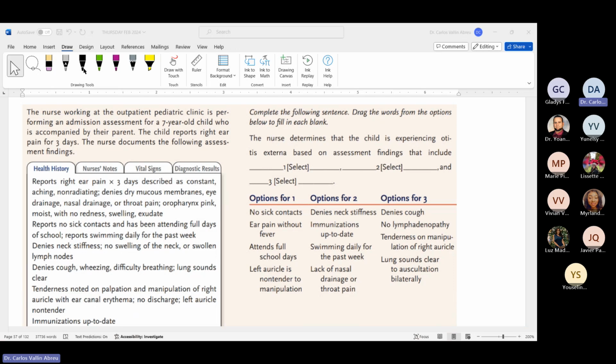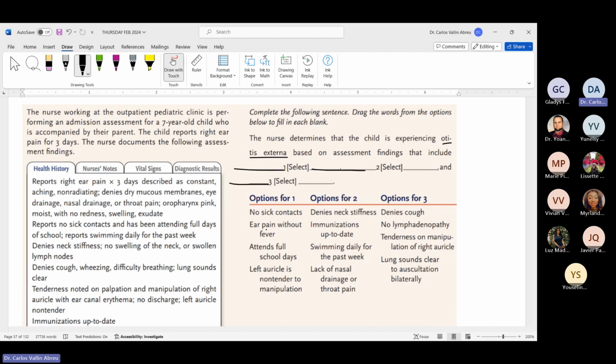The question says, complete the following sentences. The nurse determines that the child is experiencing otitis externa. So the nurse diagnoses otitis externa, based on 1, 2, and 3.